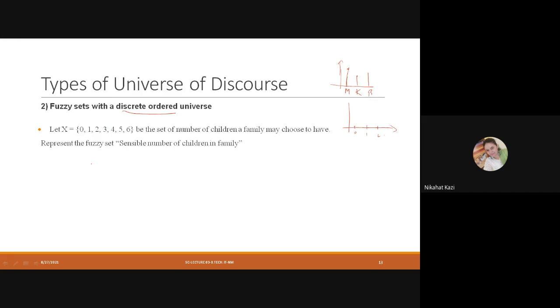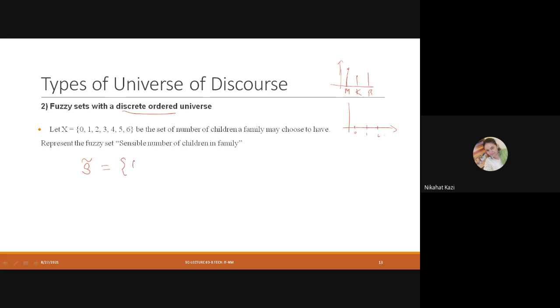So if I say my fuzzy set is S, some of you will say, okay, it is sensible to have 2 children in the family. Some of you will say it is sensible to have 3. Some of you may say it is sensible to have no children in the family, right? Subjective. But the way to write it is the same. So let me assume that it is sensible to have 2 children.